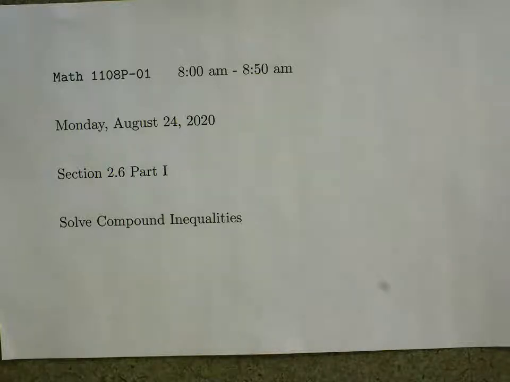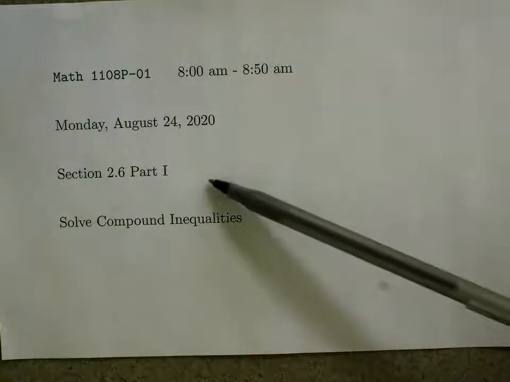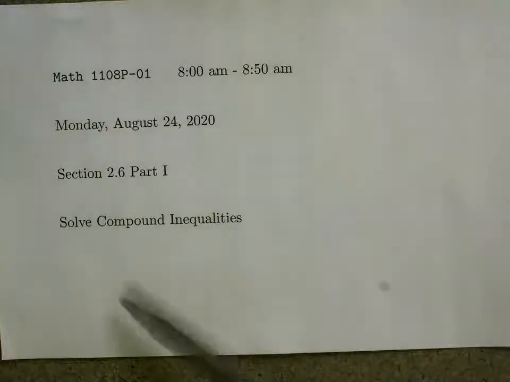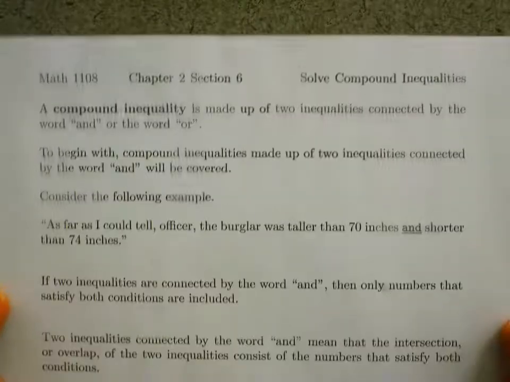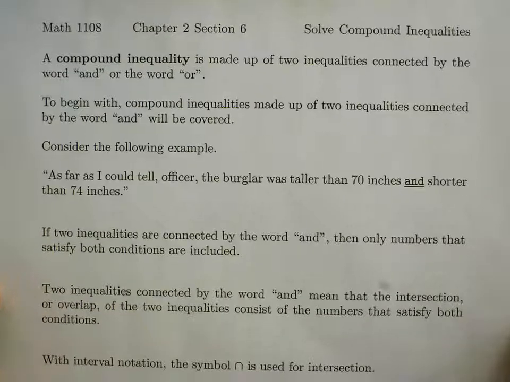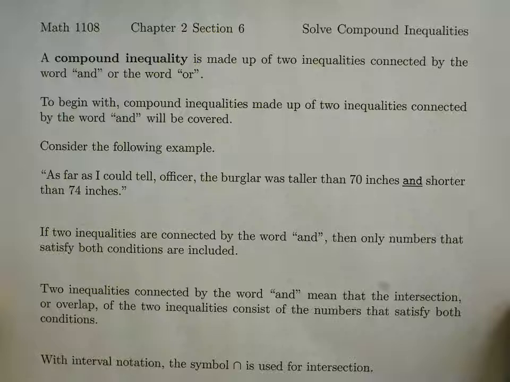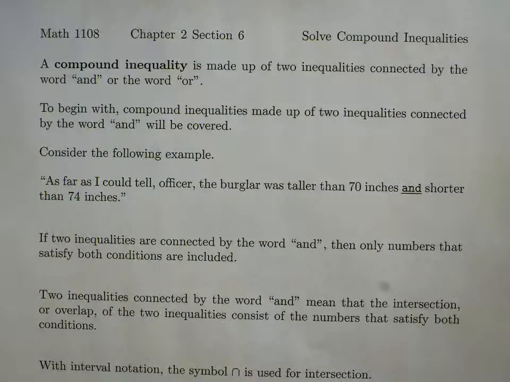Okay, it's 8 o'clock. Today we'll cover the first part of the next section, 2.6, on how to solve compound inequalities. I did point out examples of compound inequalities last week, but today we'll cover them in more depth.